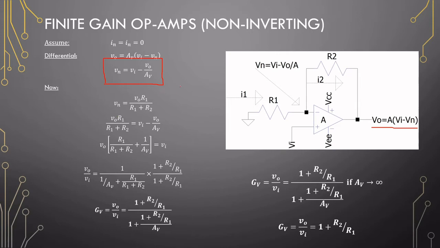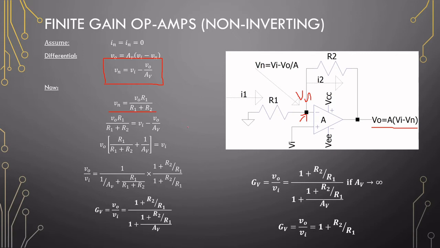So that is our first equation. Our second equation is the voltage divider that we are seeing here. So V out is being voltage divided to find us our Vn. That is our second equation.